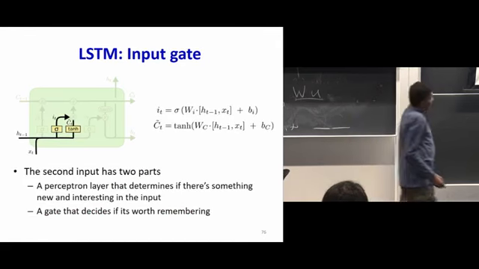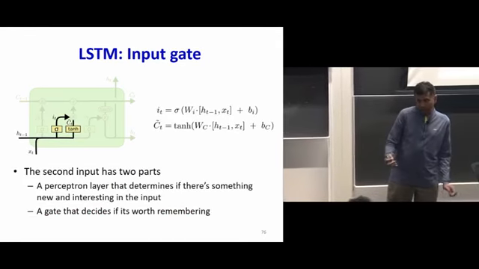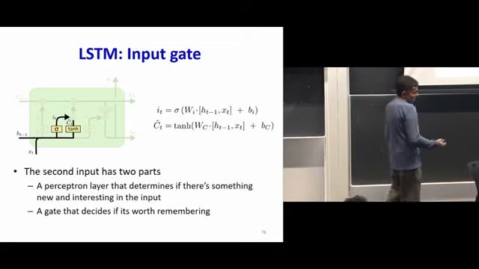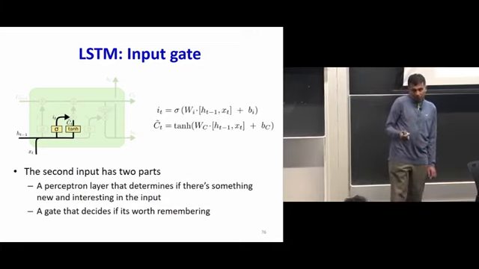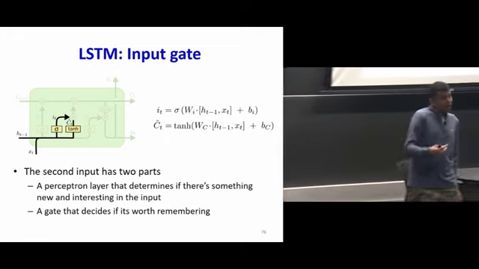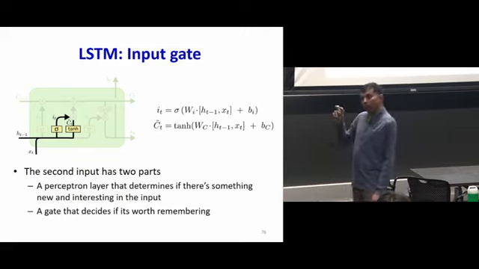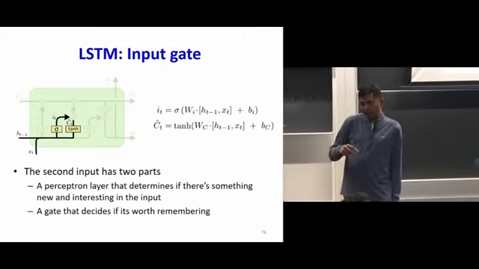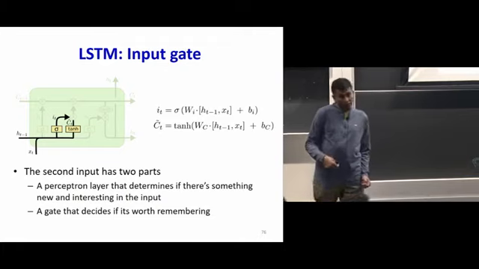But then you may want to add to it. Think of the case where I've opened a parenthesis. Now if I close a parenthesis and then I open a second parenthesis, what do I want to do? I want to keep track of two parentheses. I just want to add the numbers. I want to say now I have opened two parentheses, I have to close two parentheses, right? So now in this case, you want to add stuff to the memory.